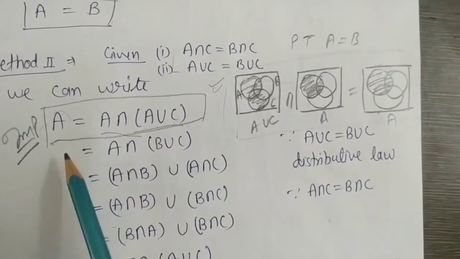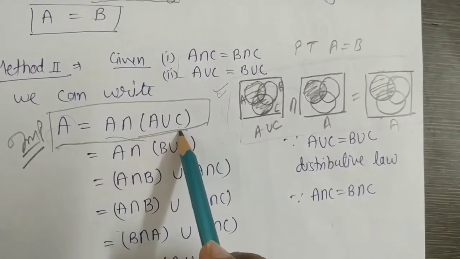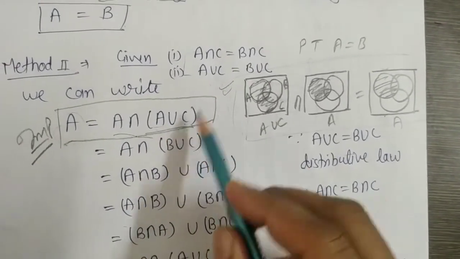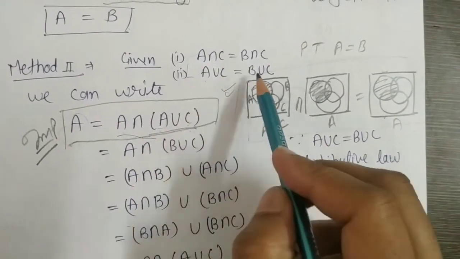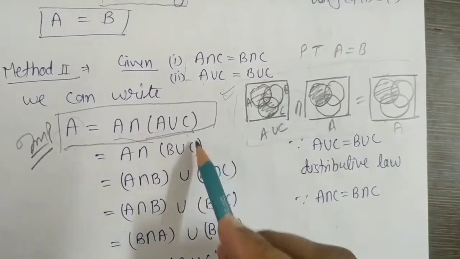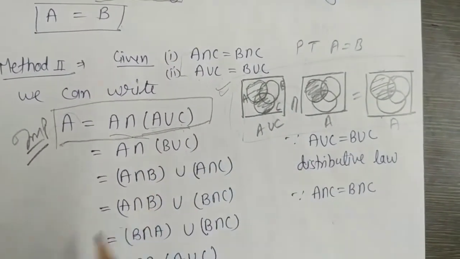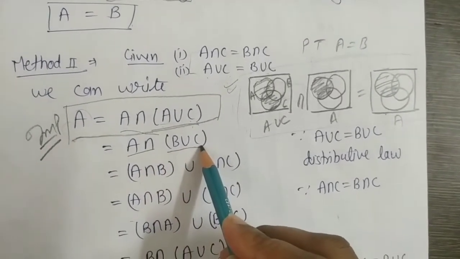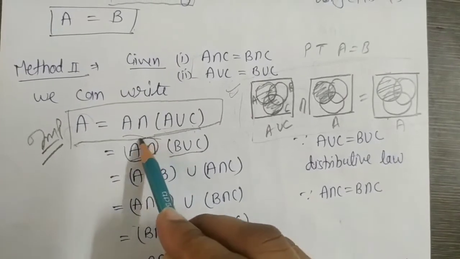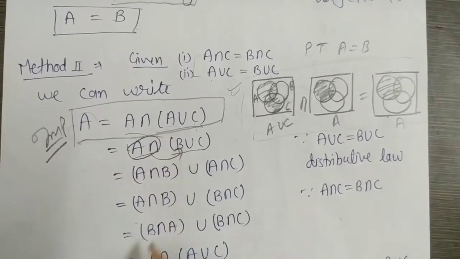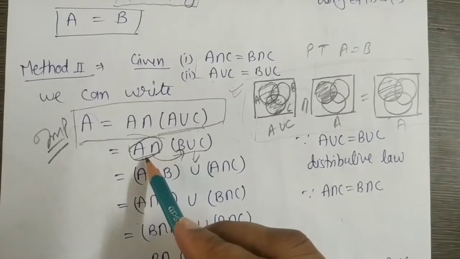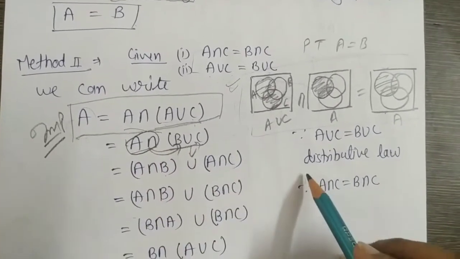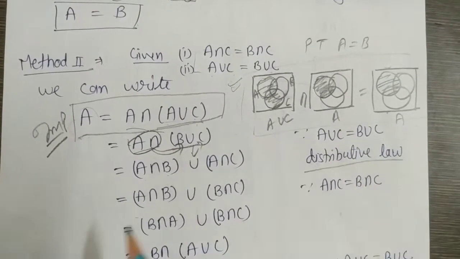We can write A equals A intersection (A union C). Now, A union C, that is given to us, will be equal to B union C. I have just put the value of that. Now, here we are using the distributive law: A intersection B union A intersection C. That is called the distributive law.